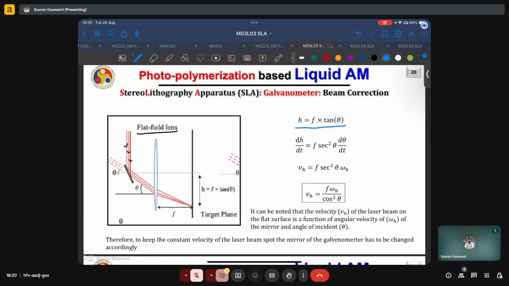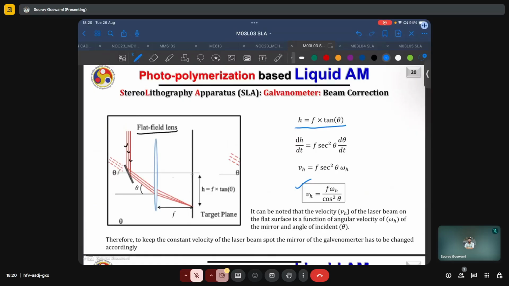And that is given here as Vh, which is the velocity of the focal point, equals the focal distance f times omega h, which is the angular velocity of the galvanometer, divided by cos square of theta, where theta is the angle of incidence of the ray of laser beams.